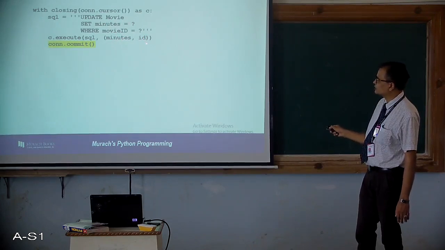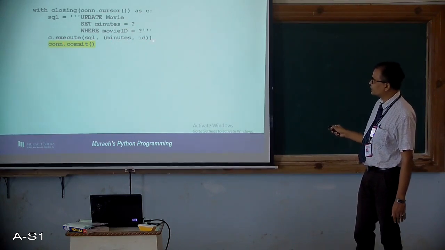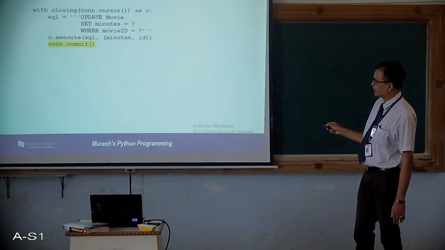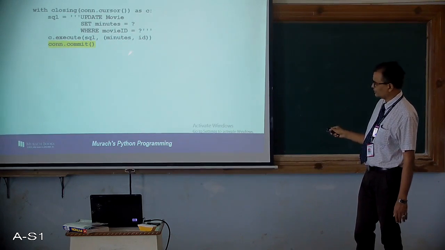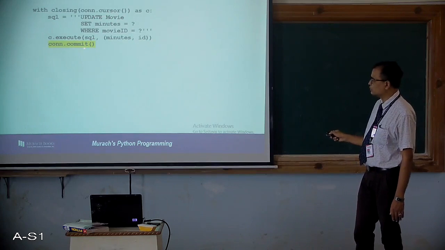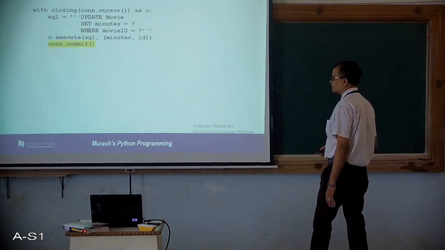These will get substituted accordingly, and when you execute it, the SQL statement gets executed with these values. What are the values? ID is 4, minutes is 84. It will get updated into the movie table once the commit function is executed.